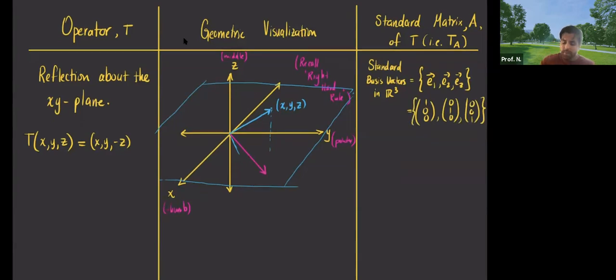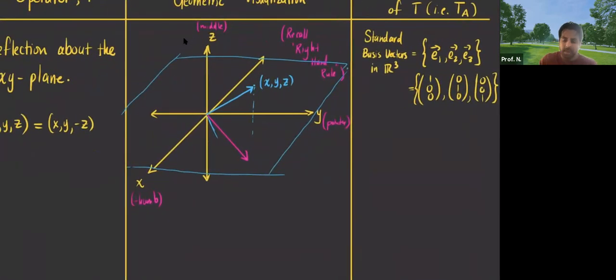Right? So then I want to figure out what is the image of each. So if I plug in T of E1, what happens when I reflect E1? It's somewhere here. This is E1. What happens when I reflect this vector through the XY plane?